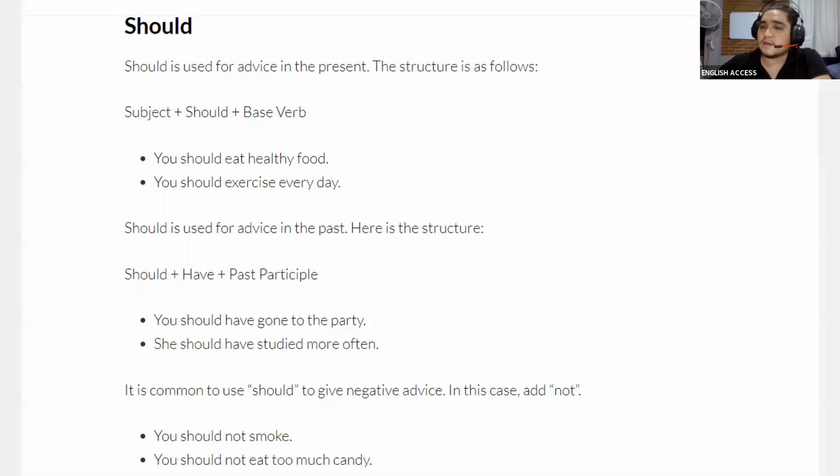You can gain weight if you do it, or you can get sick, all that. There's always a consequence after or implied in the should, correct?